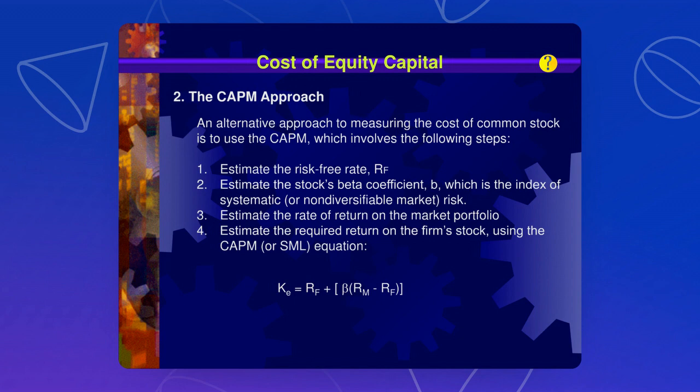How do we compute for the cost of equity? KE, or the cost of equity, is equal to the risk-free rate plus beta multiplied by (market return minus RF). KE here is the cost of equity.